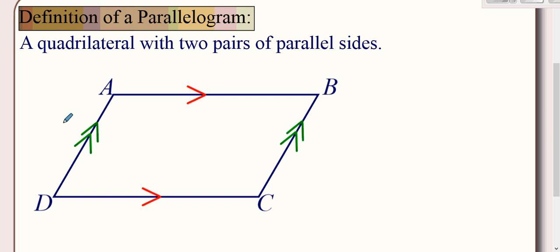Top and the bottom are parallel, but also the two sides. And being parallel is going to lead us to a bunch of properties related to parallel lines, like interior angles, corresponding angles, same side interior angles, all that stuff. We can apply any of that because the lines are parallel.